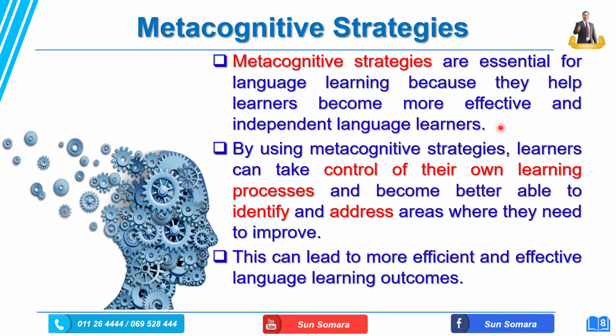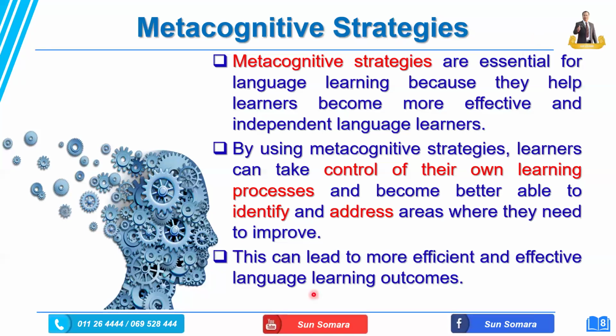Metacognitive strategies are essential for English learning because they help learners become more effective and independent language learners. By using metacognitive strategies, learners can take control of their own learning process and become better able to identify and address areas where they need to improve.